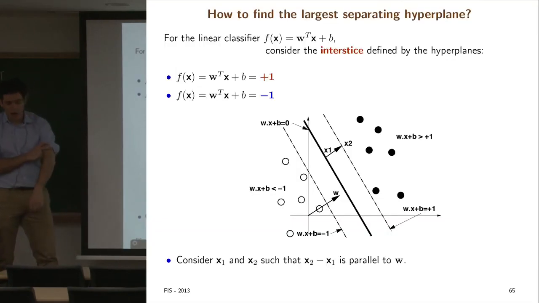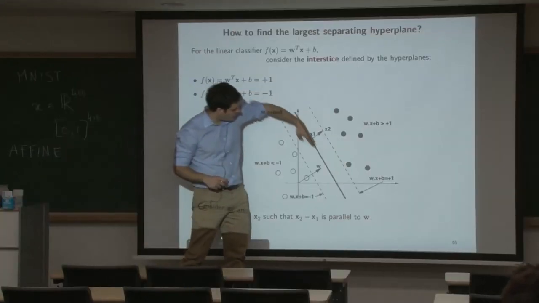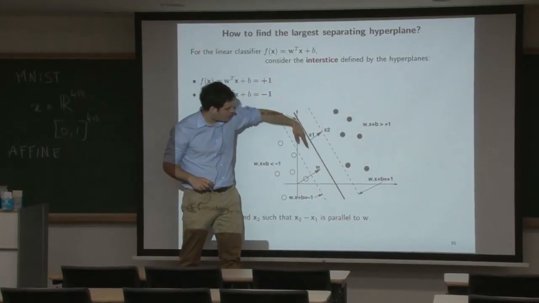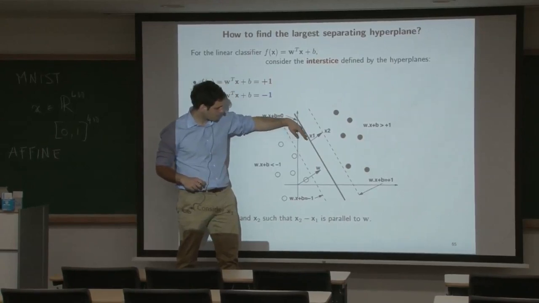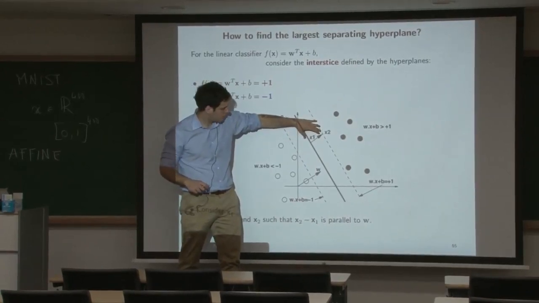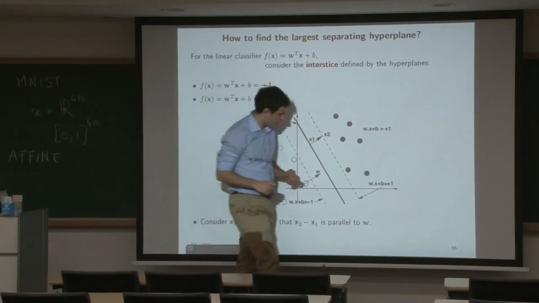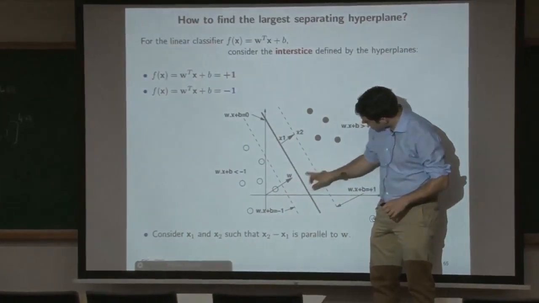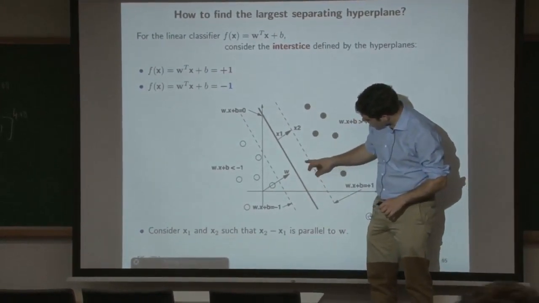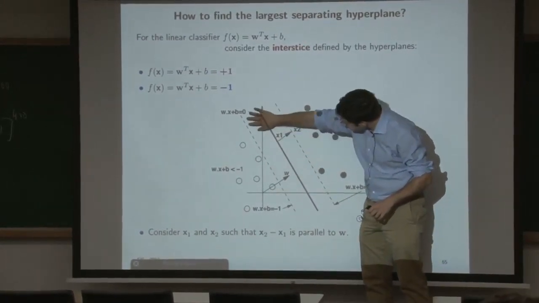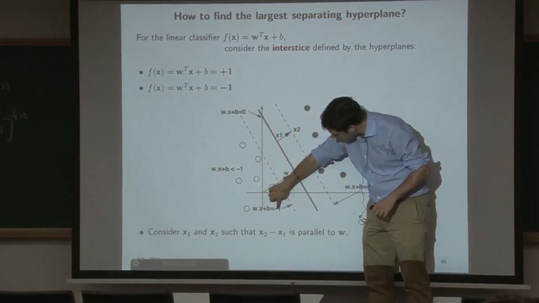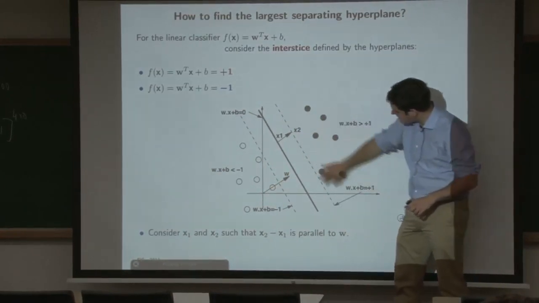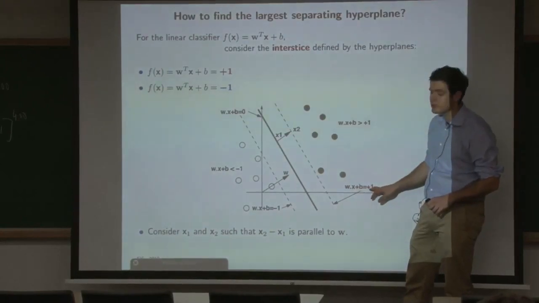So this is how you parameterize the support vector machine. You would say that for a given hyperplane w transpose x plus b equals 0, the width of that tube here will be such that this hyperplane will be set to be w transpose x plus b equals minus 1, and this hyperplane will be set to be w transpose x plus b equals plus 1.